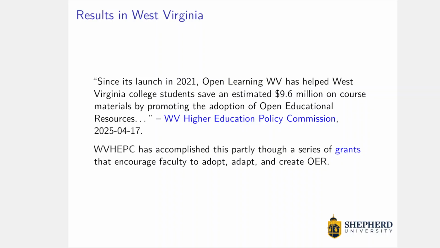And we certainly should point to our results here in West Virginia. So just since 2021, we've had a program here that has encouraged instructors with some very modest grants, but very welcome, thank you very much, to adopt, adapt, create OER, and we've had a lot of instructors doing that.